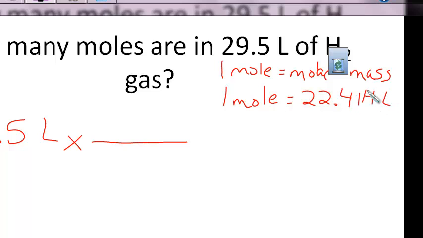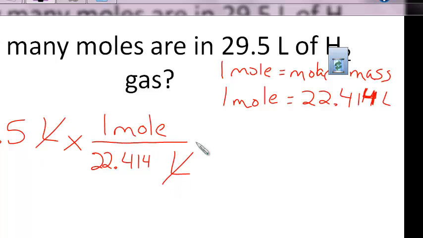Okay, so you have liters here, so you have to have liters on the bottom. So that's going to be this 22.414, because that's the only liters we have in the conversion factor. And that's equal to 1 mole. So you can cross out liters.